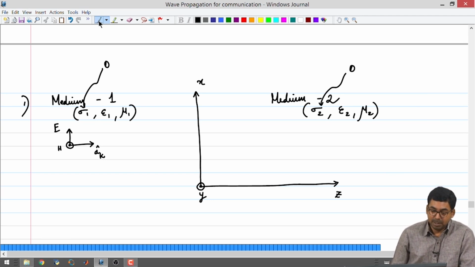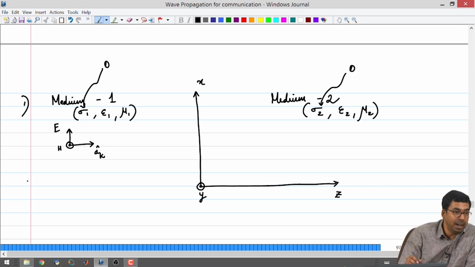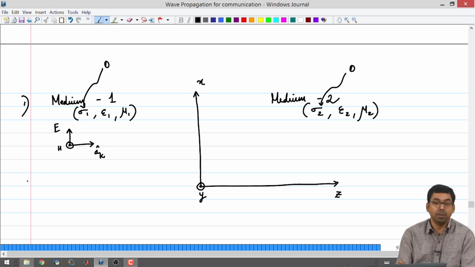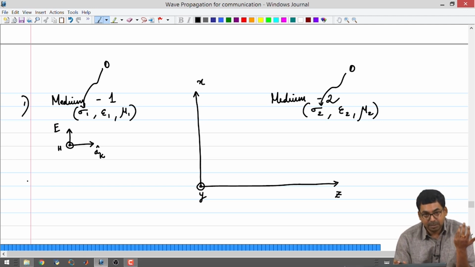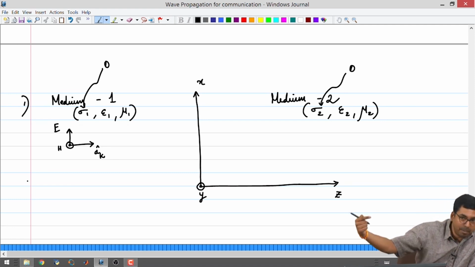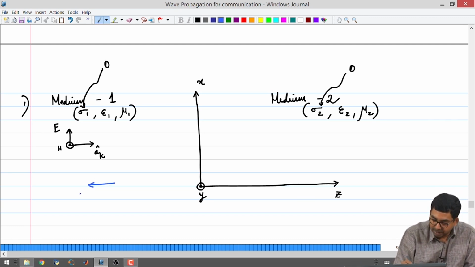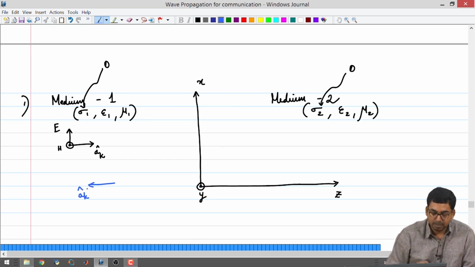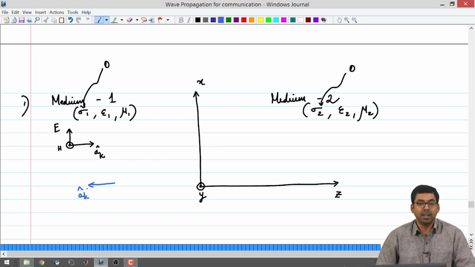Now, what we are going to do is have a reflected plane wave also, and we are going to assume that the electric field does not flip its direction. Okay. The k vector is flipped, obviously, since the reflected wave is traveling from right to left. So, if you were to mark the unit vector for k in this way, you cannot have the same configuration of electric and magnetic fields.